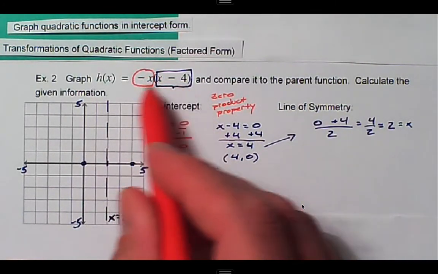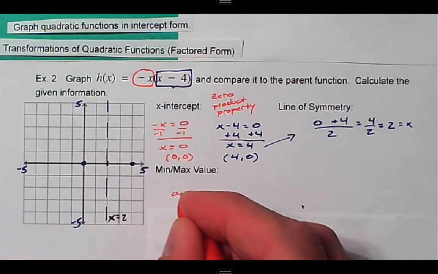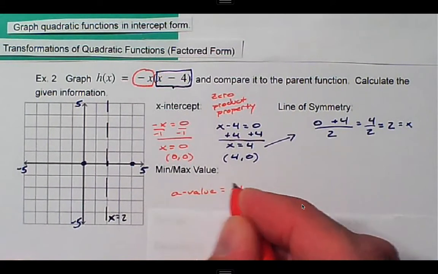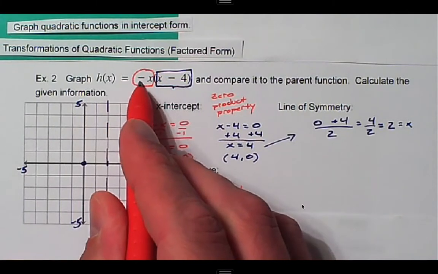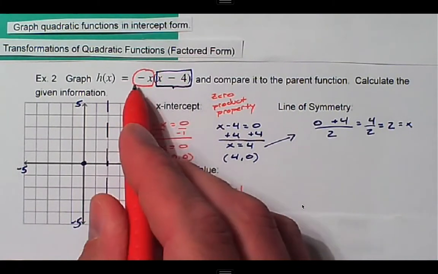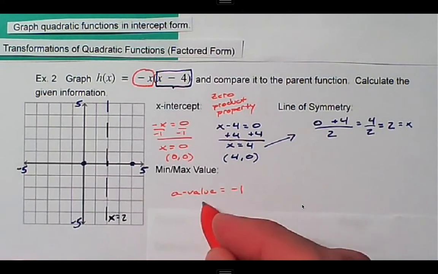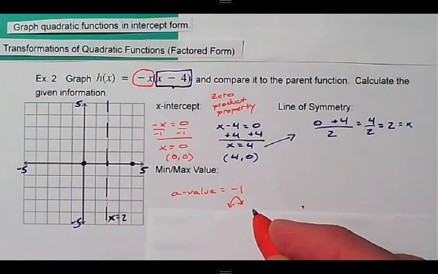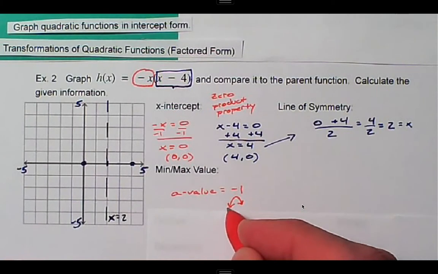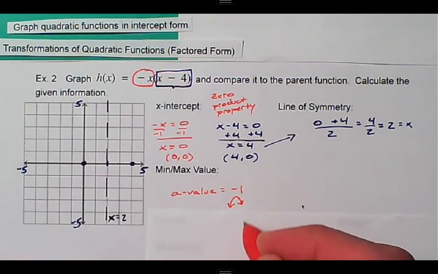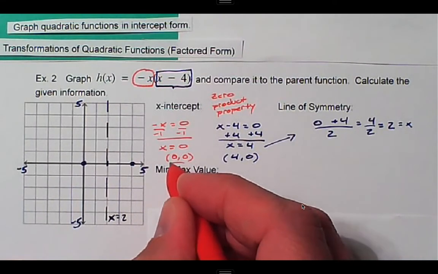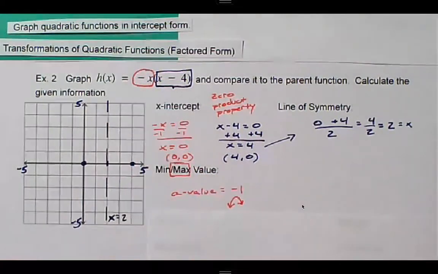In this case, our a value is equal to negative 1 because there's a negative in front of the equation here. Because our a value is negative, I know that my parabola is going to open down like this. That means there's no basement. These keep going down forever, but there is a top. So in this case, I'm going to try to find a max value.